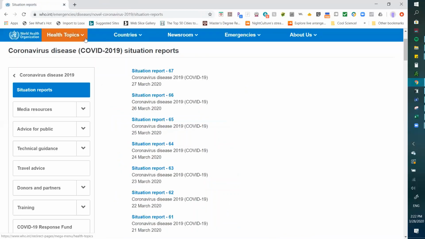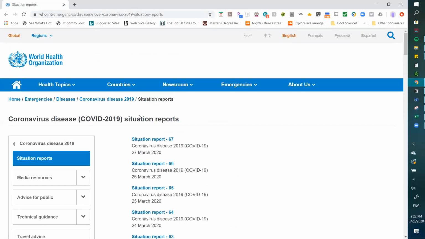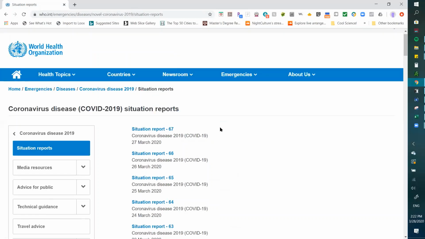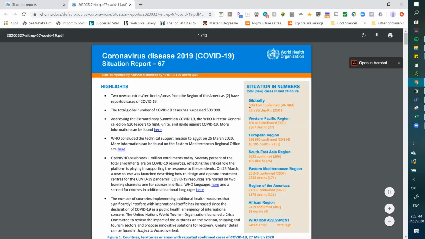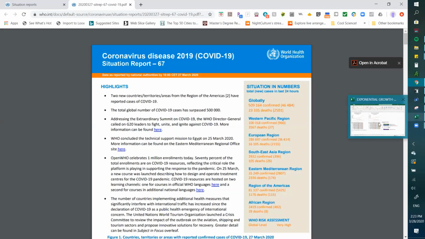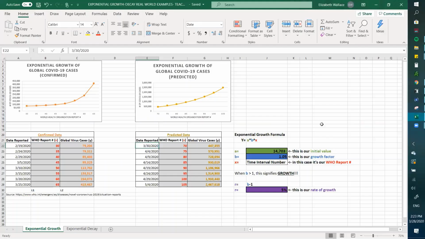So I'm on the World Health Organization website right now. I've gone to their situation report. The latest report that they reported was on the 27th of March, 2020. And when we click here, let's see, it shows us 509,000 confirmed cases.